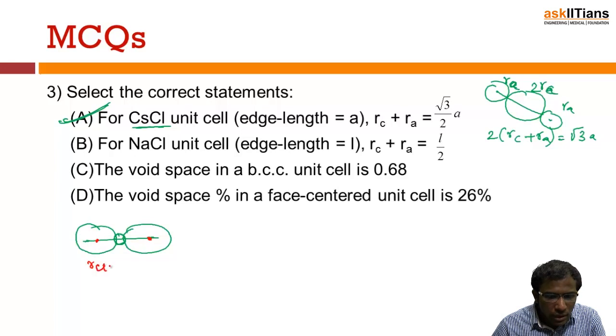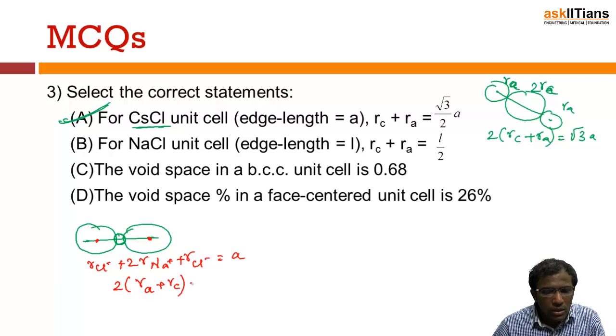So the radius of chloride ion plus 2 times the radius of sodium ion plus the radius of chloride ion is equal to the edge length A, because they touch along the edge. So 2 times the radius of cation plus the radius of anion is equal to A. So the radius of cation plus anion is equal to A by 2. But here the edge length is taken as L, so it is L by 2. So this is also right. So B is also right.